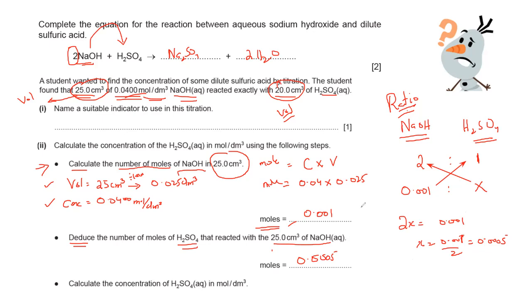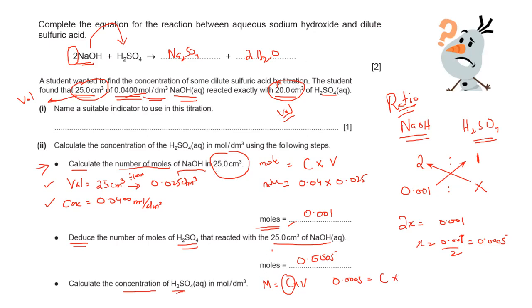So how can we get the concentration? We have the formula that moles equal concentration into volume. So if we want the concentration here, we have the moles for sulfuric acid from the previous part, which is 0.0005. Concentration is unknown.